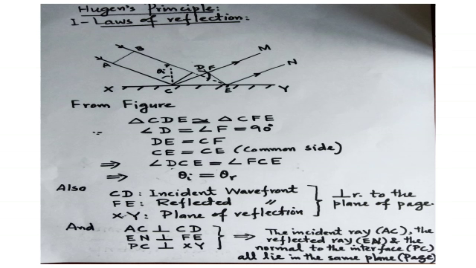Okay, so look into this figure. In this figure, this horizontal line represents a mirror or some reflecting surface, and this is labeled as XY here. These are the incident rays which are coming like this.